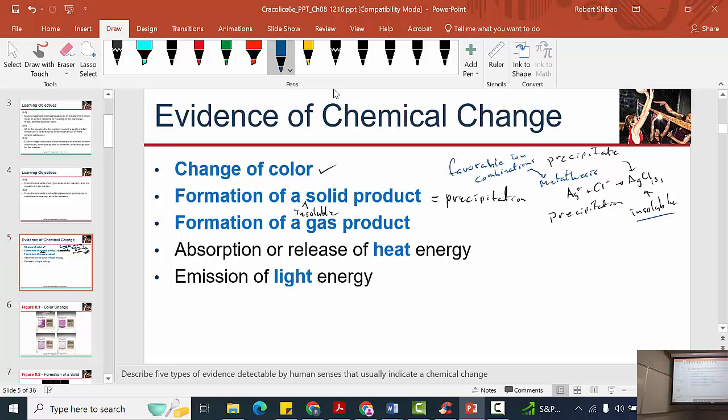Formation of a gas product. This is called effervescence, or gas evolution. When we form a gas product, we're precipitating a gas, essentially.